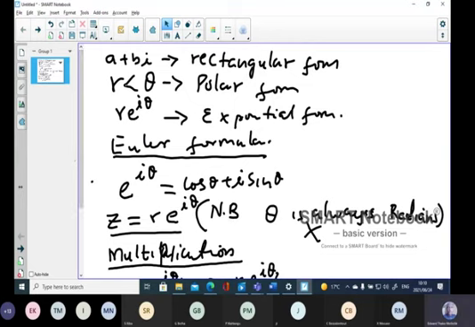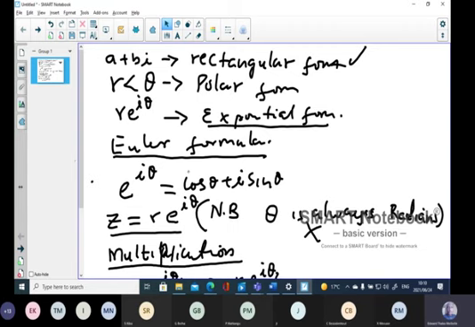So when I started, if I repeat, we started with this form, which is x plus yi, or a plus bi. This is called rectangular form. Then we dealt with polar form, which is r angle theta. Now we are busy with exponential form.